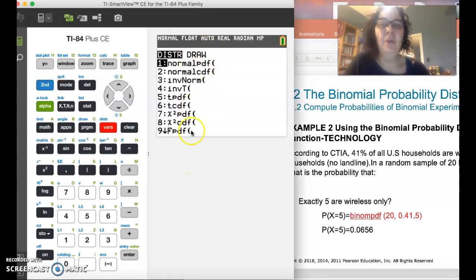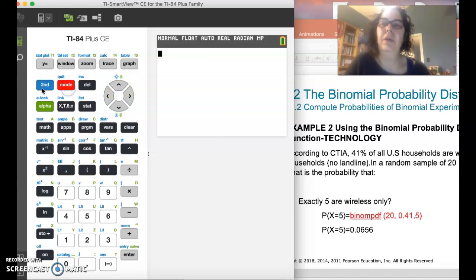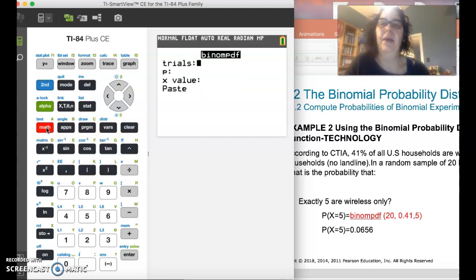And from this long list, we need to find the binomial PDF. You can go by arrow, and it will be letter A, or you can just jump into letter A. Okay, so let me do that. Second distribution, by pushing alpha and math. It will take you to binomial PDF.